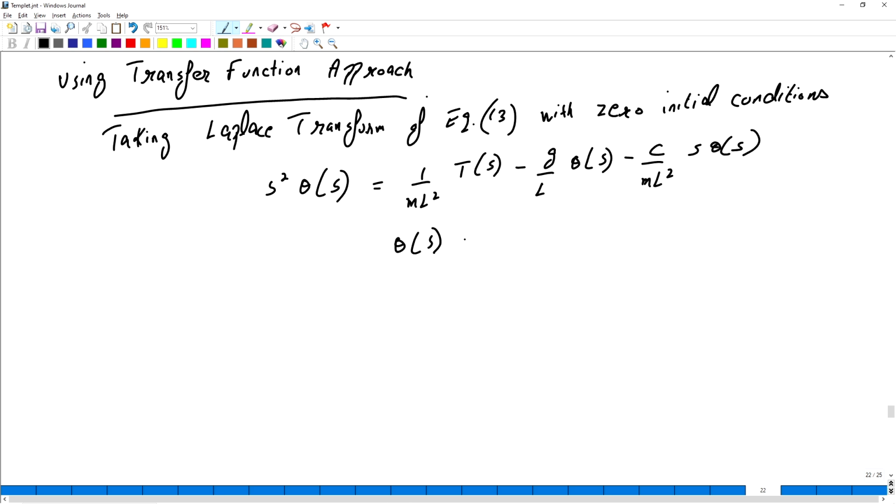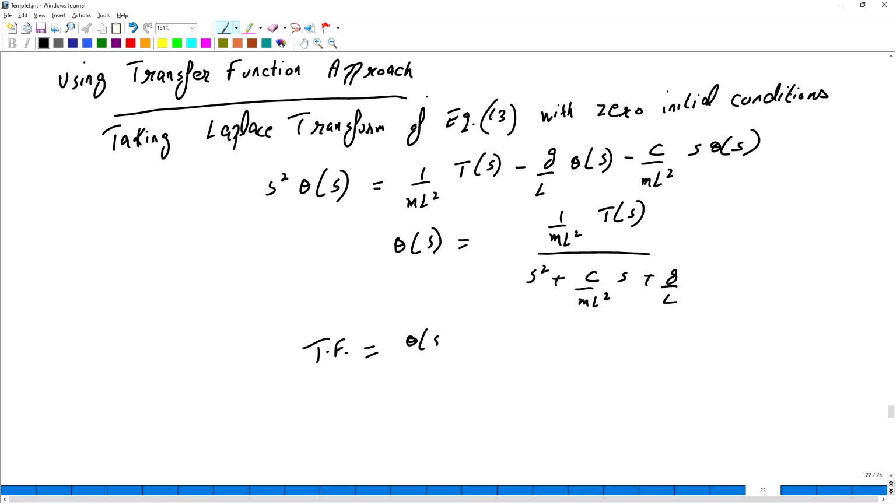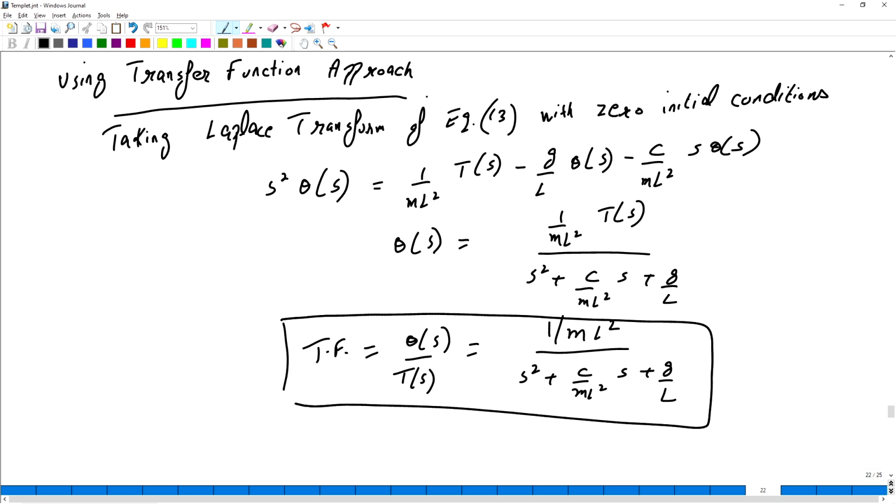Theta of s I can write as 1 by ml square T of s divided by s square plus c by ml square s plus g by L. So the transfer function can be written as theta of s by T of s equals 1 by ml square upon s square plus c upon ml square into s plus g by L. So this is the transfer function.